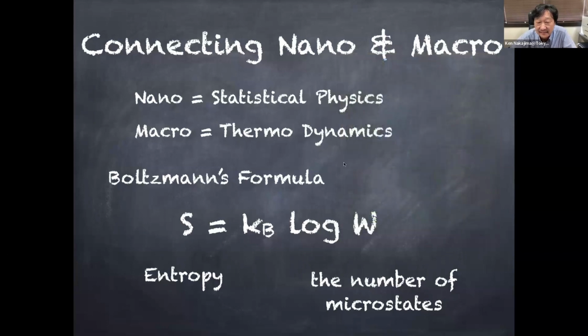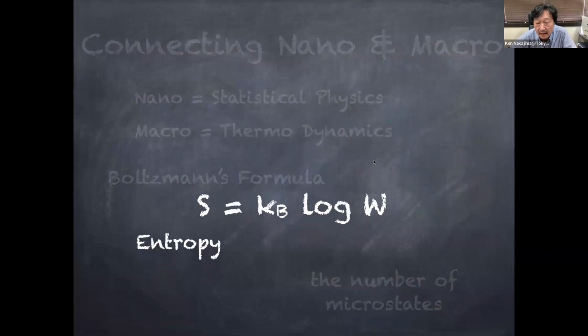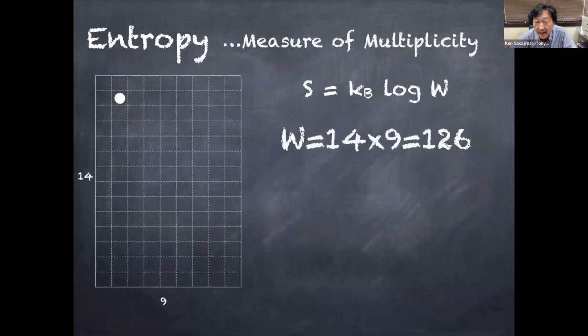Okay, now please have a look at this slide. Assume that this is a two-dimensional room. Of course, our room is three-dimensional, but it's very difficult to draw a three-dimensional box, so I just drew the two-dimensional box. This box was now separated into small box cells.